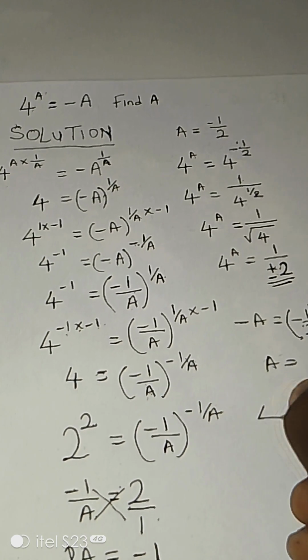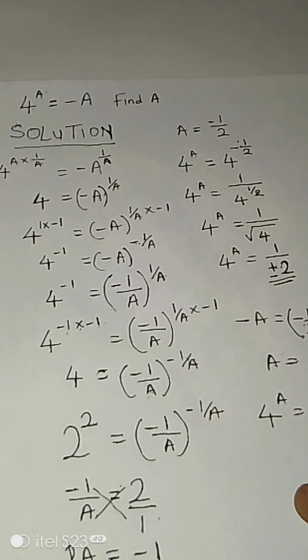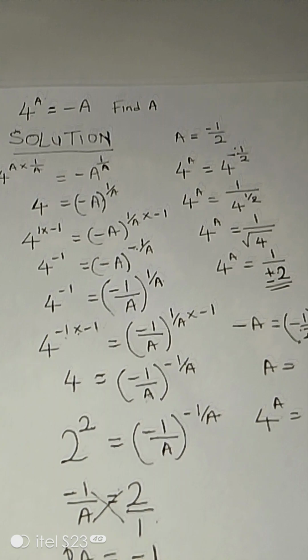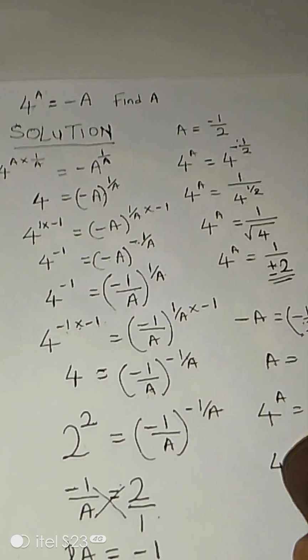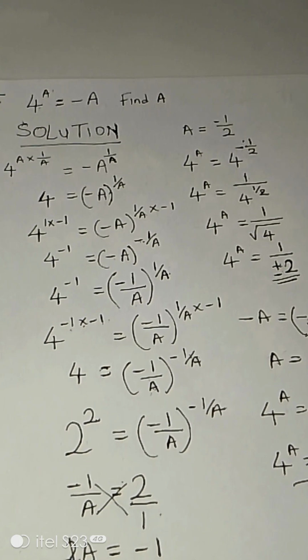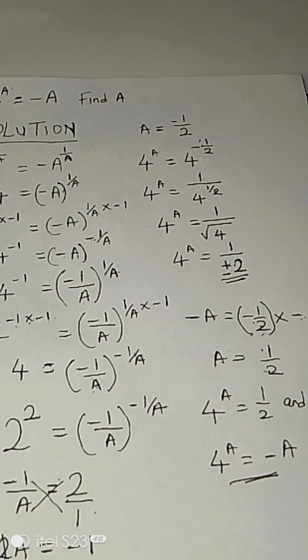So from here we have 4a equals half and minus a equals half. So we can say 4a equals minus a, which is correct.